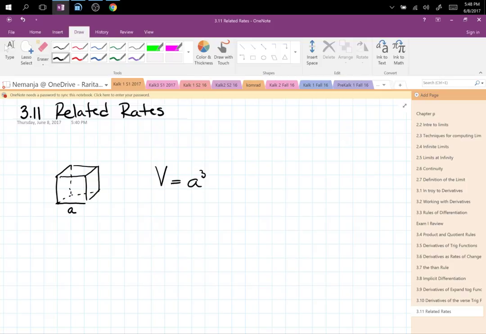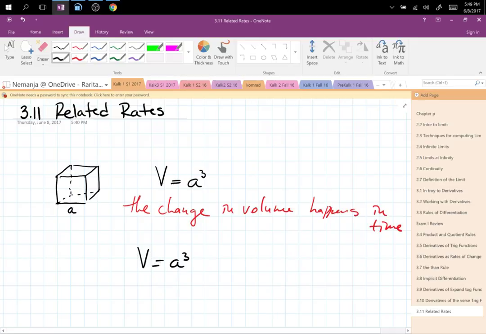Now what happens is we say the change in volume happens in time, which means that if I want to find related rates, I will take the derivative with respect to time.